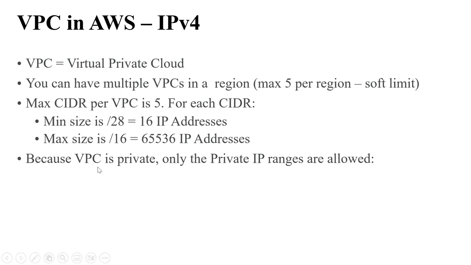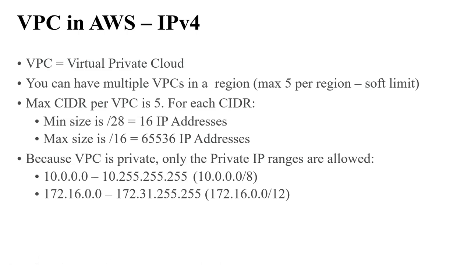Another point is VPC is private. As we know, yesterday we were trying to understand VPC private subnets, which we can use. Only the private IP ranges are allowed: 10 series, or 172.16 to 172.31, or 192.168. The 10 series is /8, which we normally use for big networks. And /12, AWS by default creates the default VPC with this series.